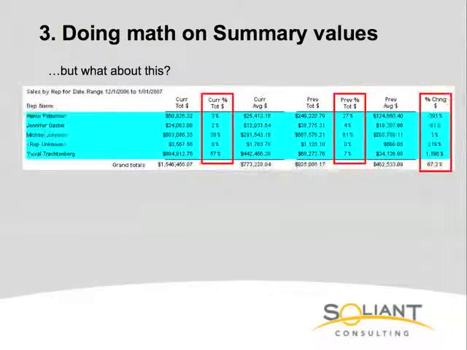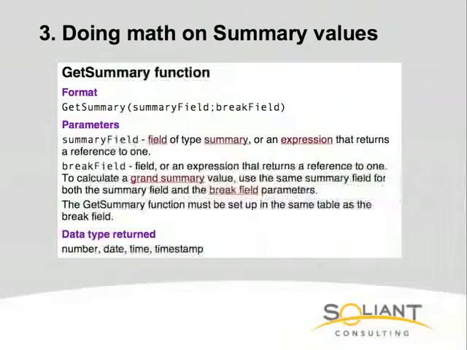So the trick to this, as many of you may know, is to use the getSummary function, which is essentially the ability to create a summary part but inside a calculation. And so just like a summary part, you need to define a break field, or a field that it's sorted by, when sorted by.